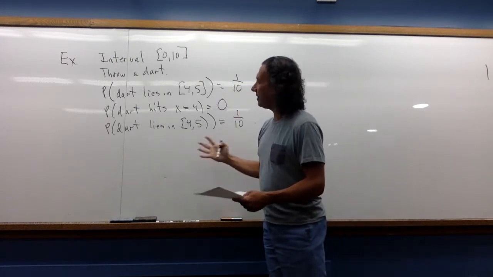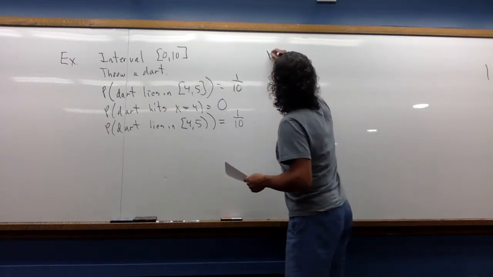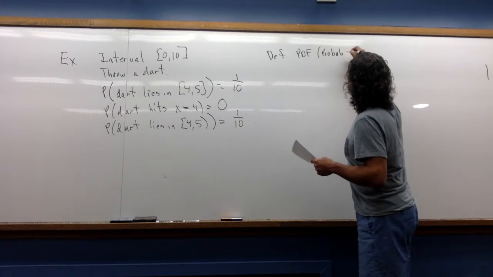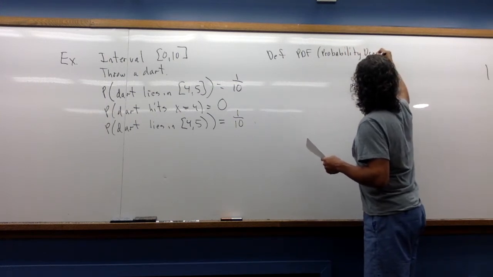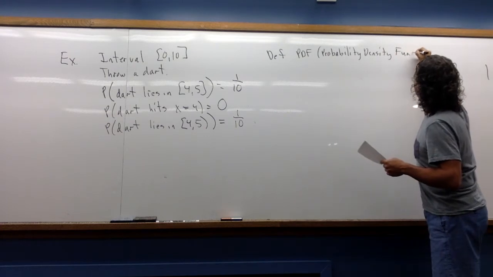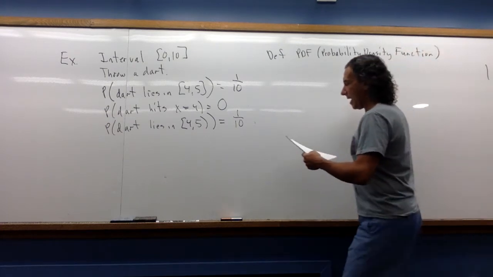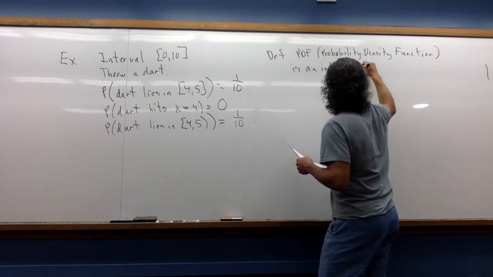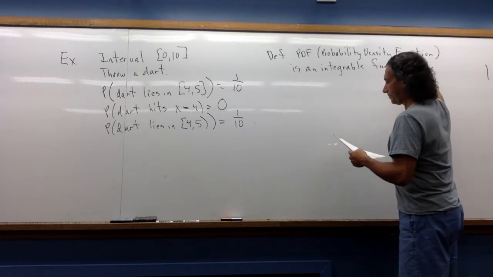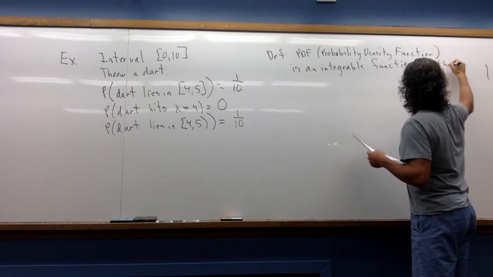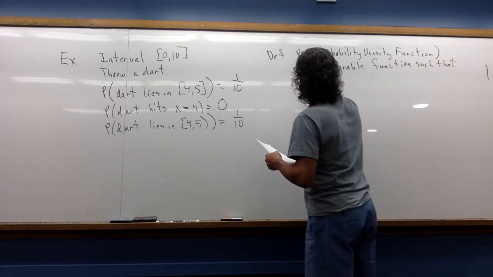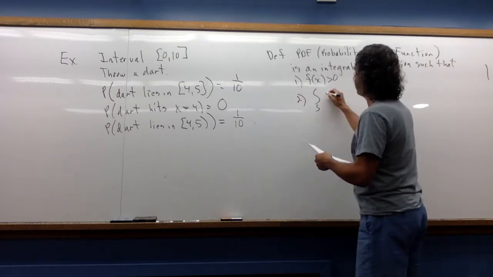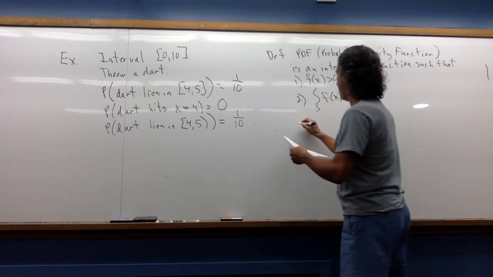Okay, so let's now formalize this idea with the concept of a PDF. A PDF, a probability density function, is an integrable function such that: 1, f of x is bigger than 0. 2, if I integrate over the sample space, I get 1.